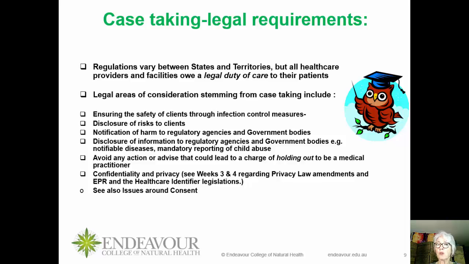In actual fact, I beg your pardon, I'm going to say it again. You are required to legally notify, particularly in cases of reporting child abuse, and it's in your interest to do so.